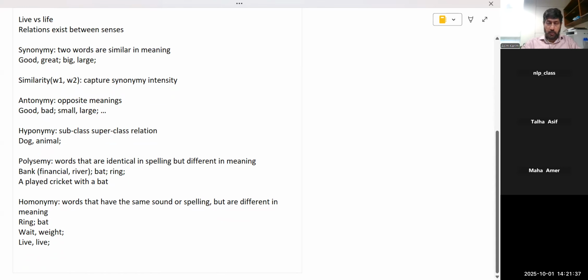Continuing in this way, we have a few other things. There's a notion of what is known as a semantic field. Okay? So sometimes we can group words into various semantic fields. And within a field, the words may be related. We will not use the word similarity now, we use the word related.